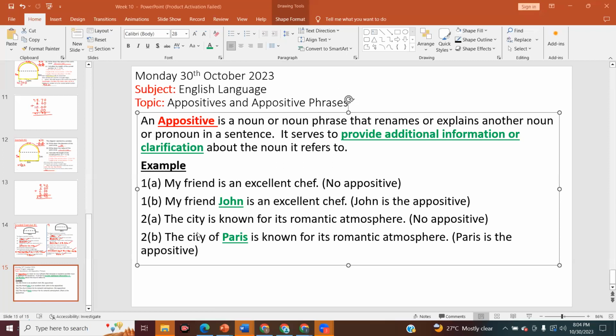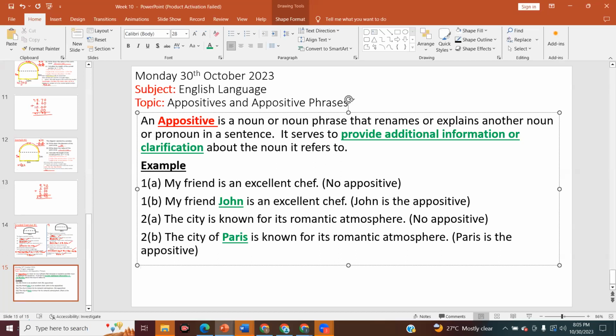By the way, it's pronounced appositive. So what is an appositive phrase? Someone said it already. An appositive is a noun that renames something else, but an appositive phrase is a phrase that gives extra or additional information to provide clarity.